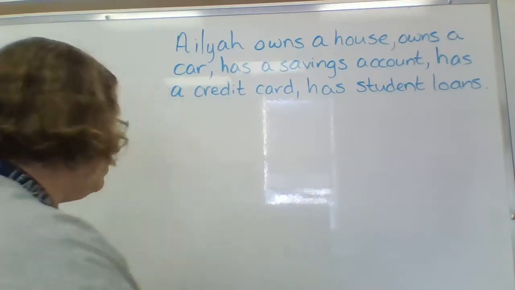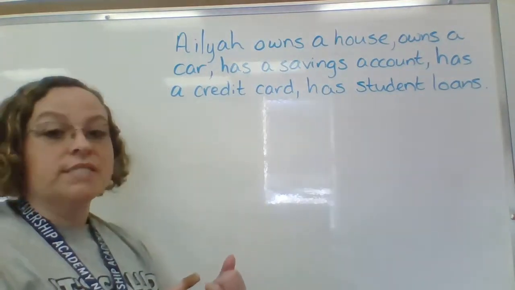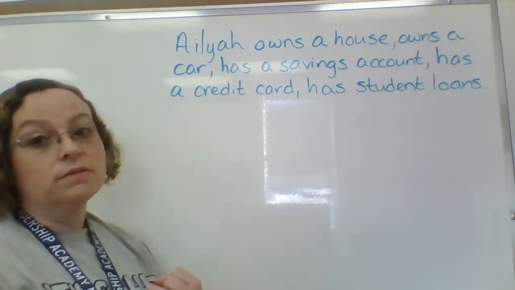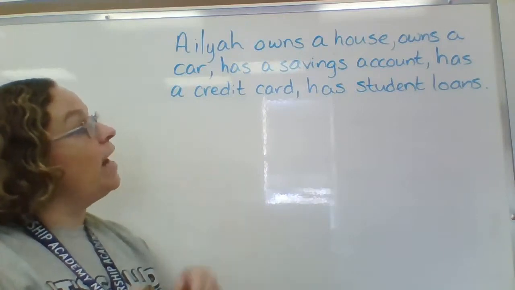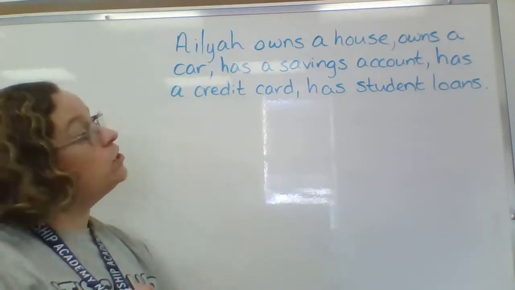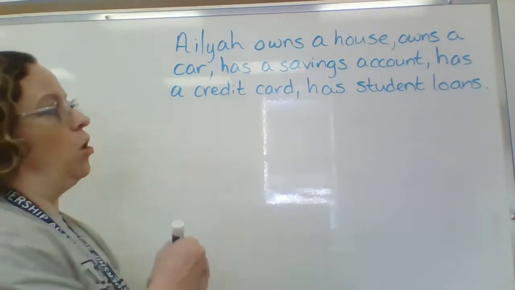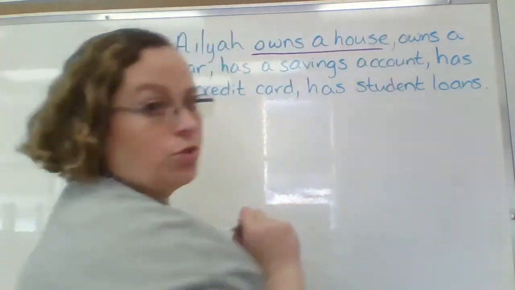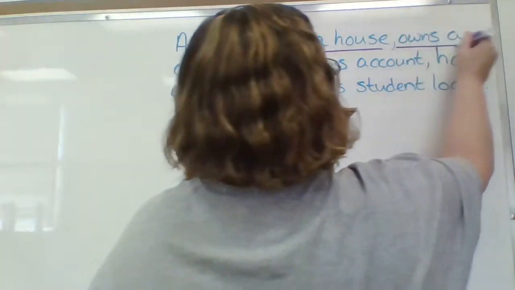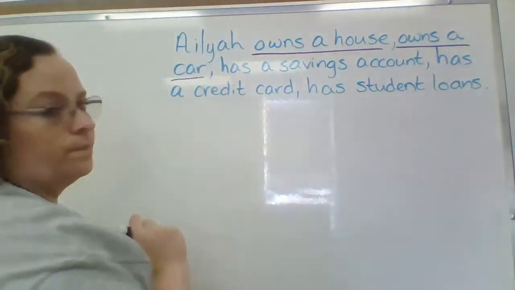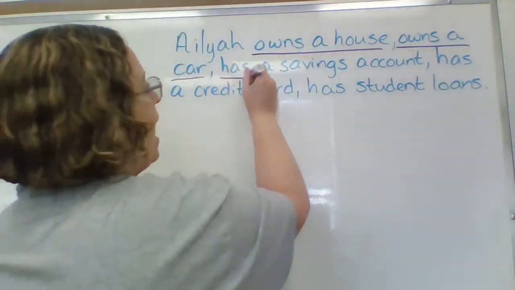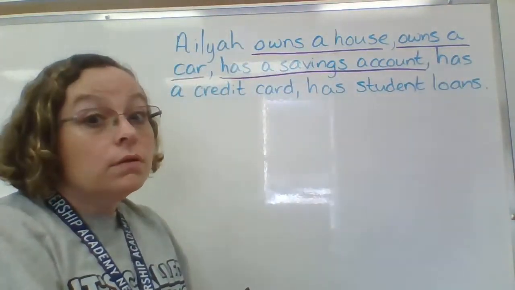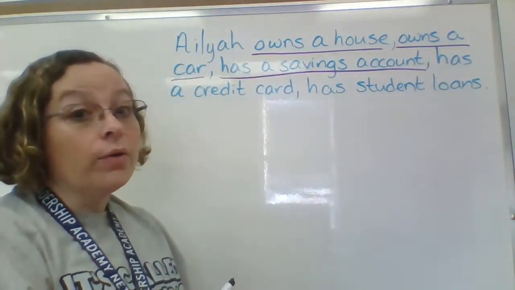So remember what I said about assets. Assets are things that we own, that we could sell if we needed to for money. All right. So let's look at that. Aaliyah owns a house. She owns a car. And she has a savings account. Well, what do you have in a savings account? Money. Okay.